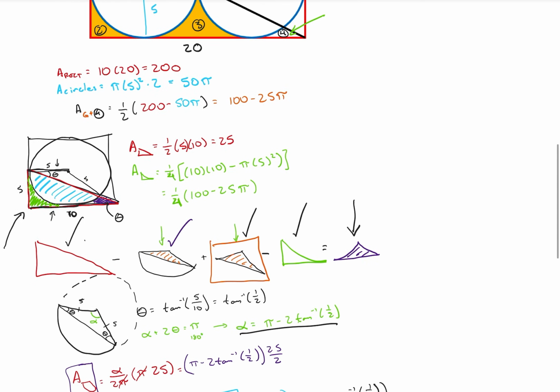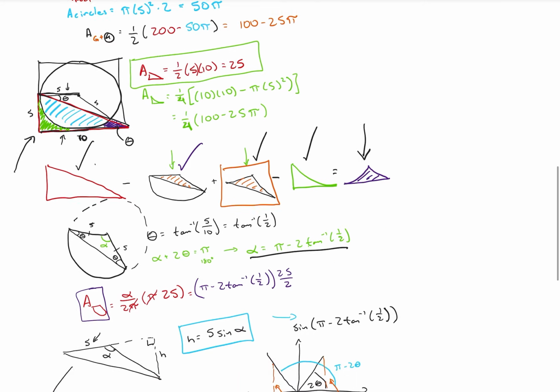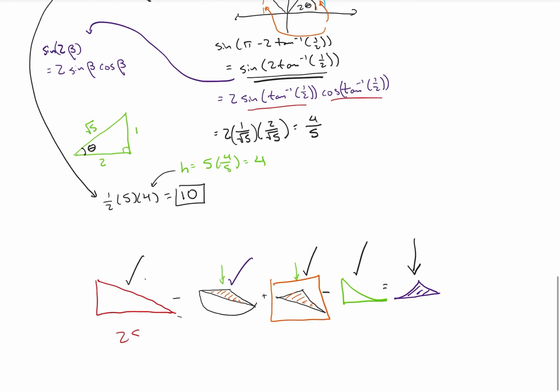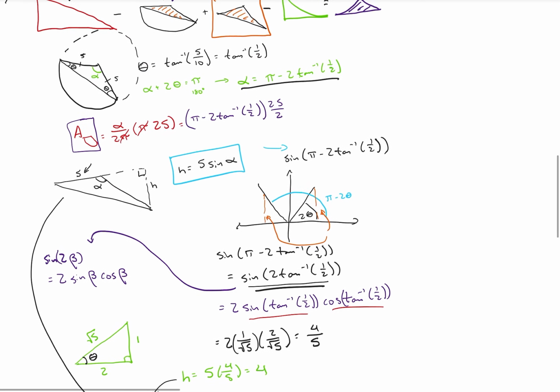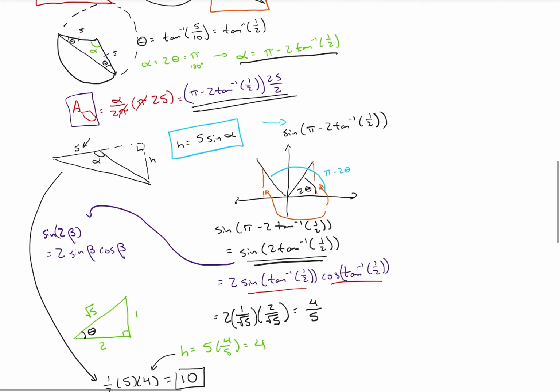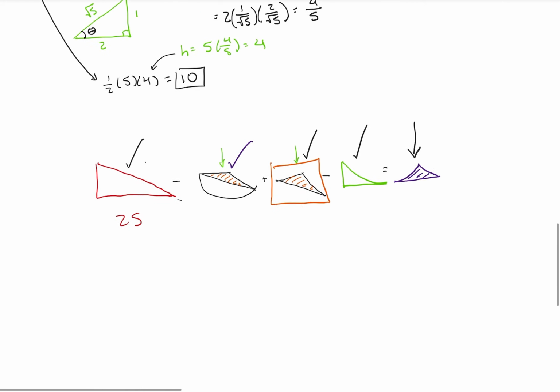And let's start off with this area of the triangle. So we found that the area of the triangle was 25. So this guy is 25. My area of my little boat was right here. So pi minus 2 arctan of 1/2 times 25 over 2.